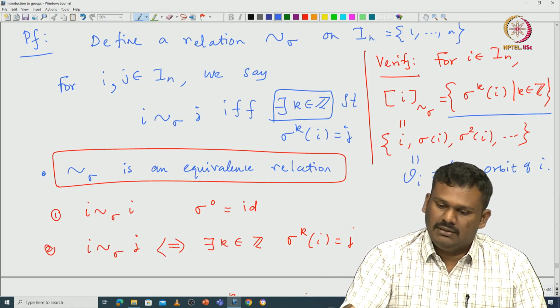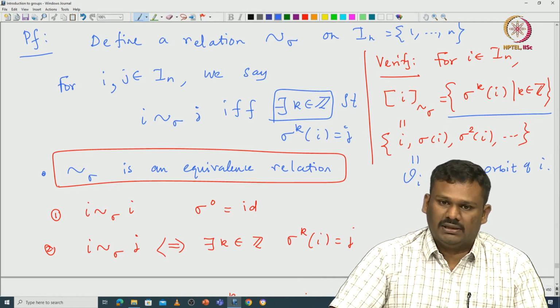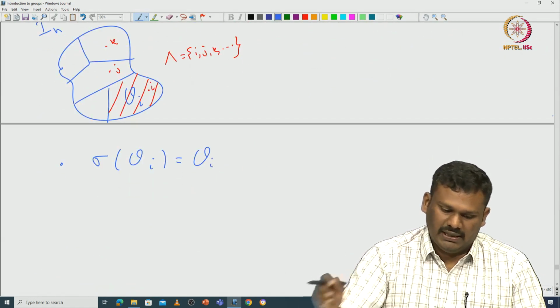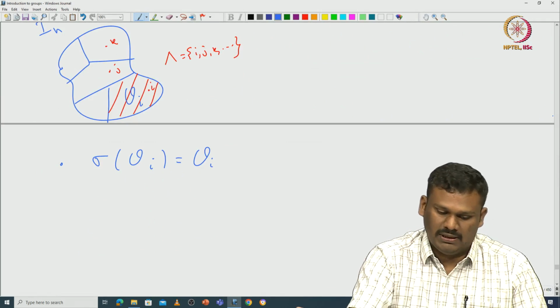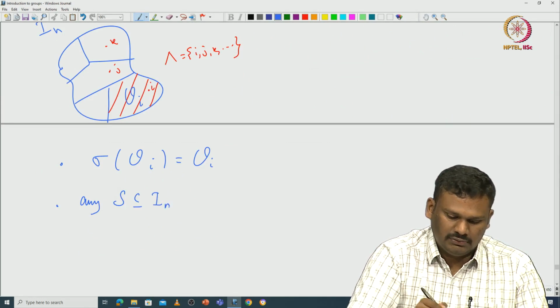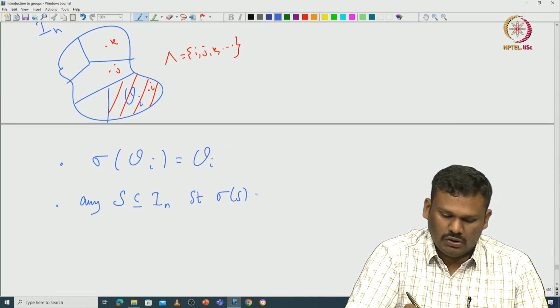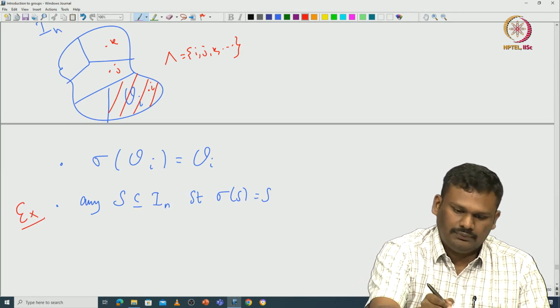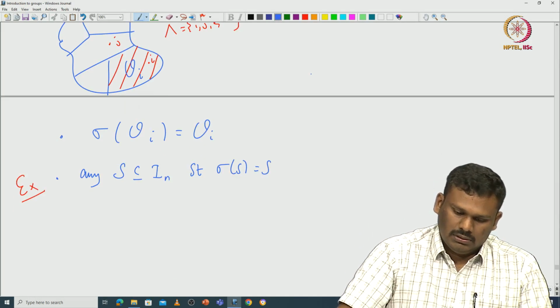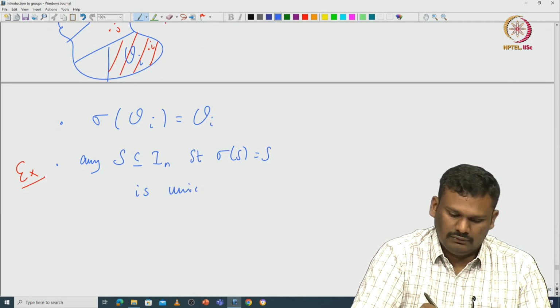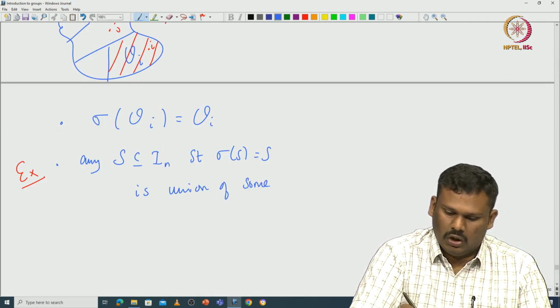That implies sigma just leaves this orbit invariant, and any invariant subset S of I_n, such that sigma of S equals S, which maybe you can take as an exercise, is a union of some orbits O_i.